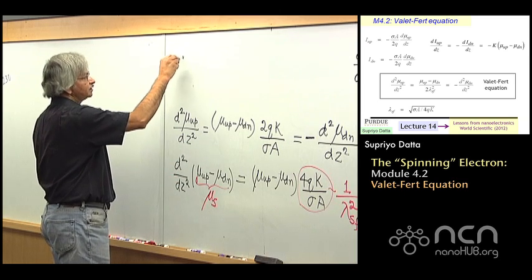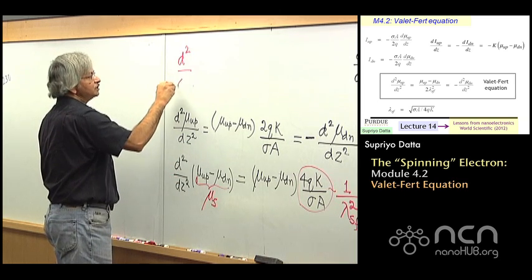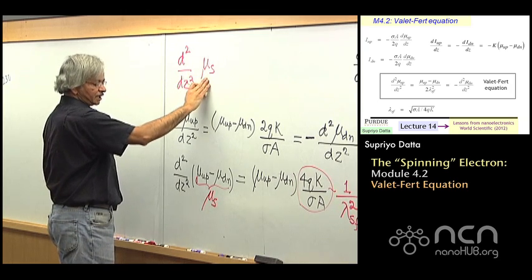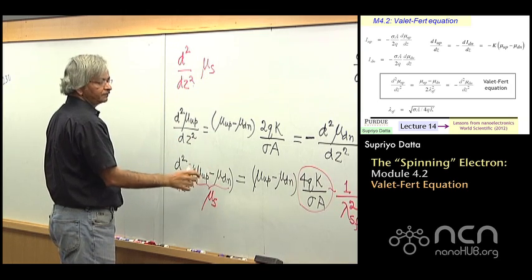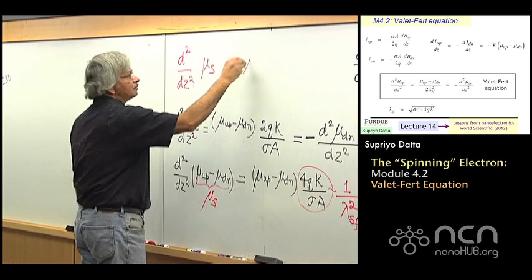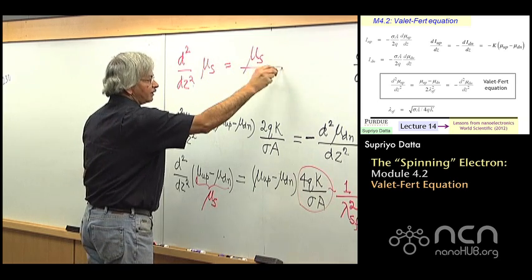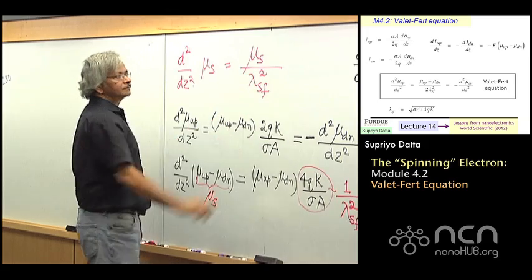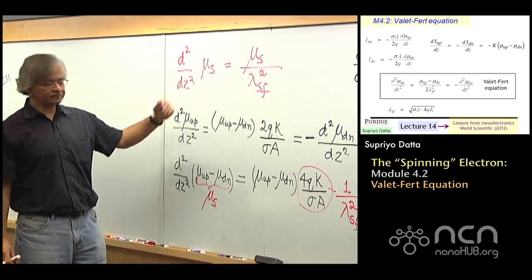The basic equation would look like d2 dz2 of mu s, which is the spin potential, up minus down, is equal to mu s divided by lambda sf squared. That's the first equation.